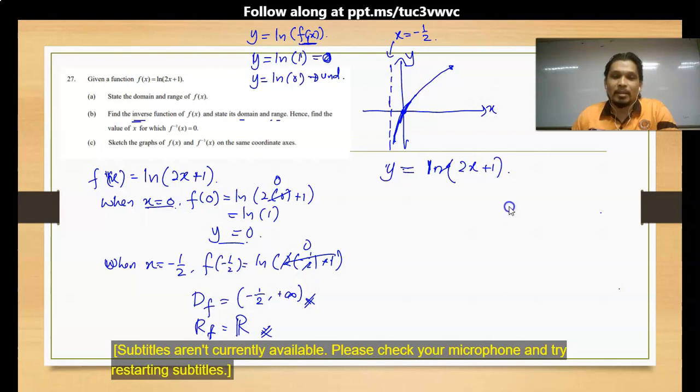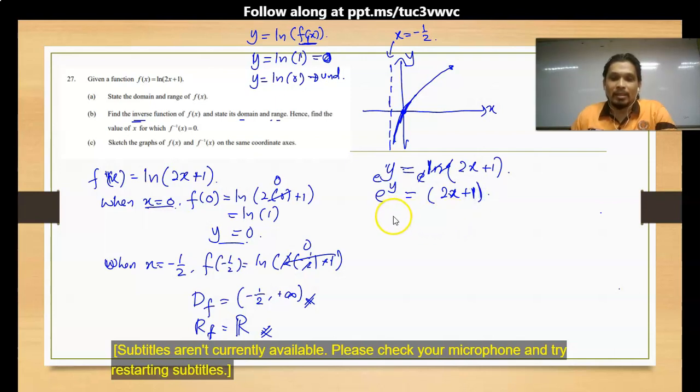Make these two an index to the constant e, Euler's constant. So you come up with e to the power of y equals, let's make the e to the power of y here and also here, cancel between these two, and come up with 2x plus 1.